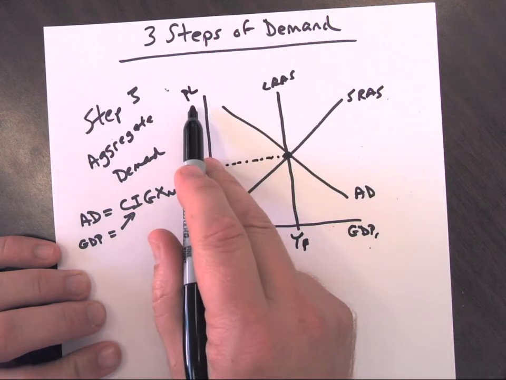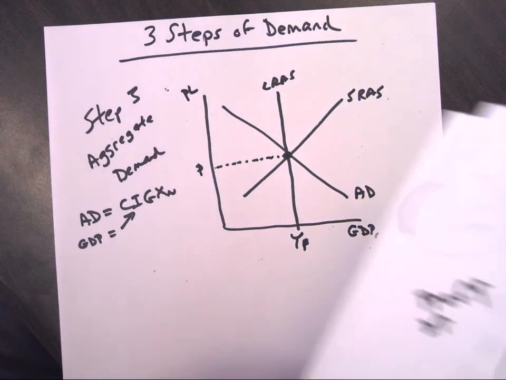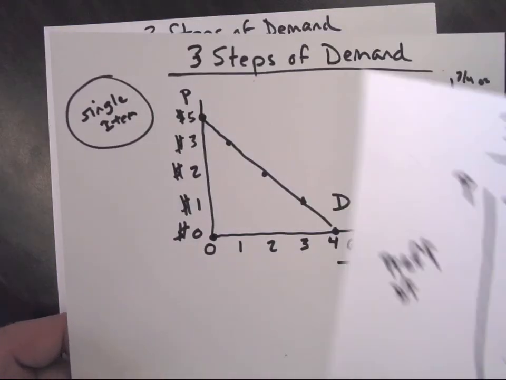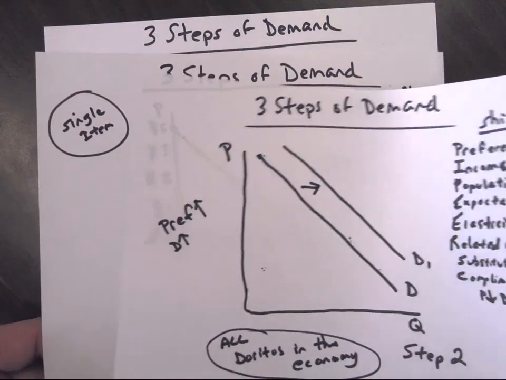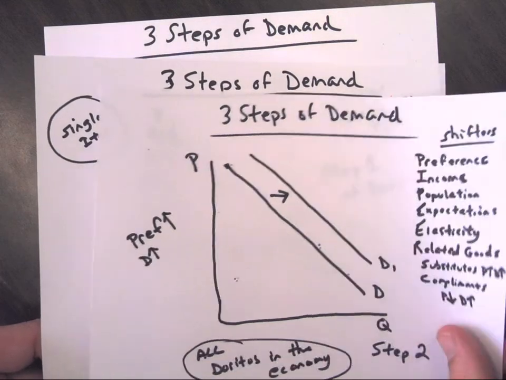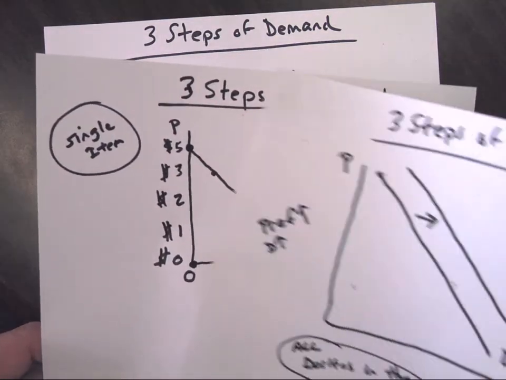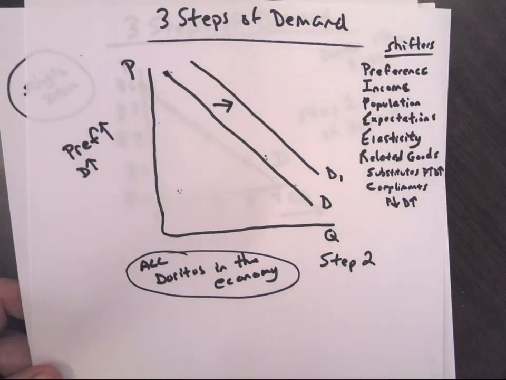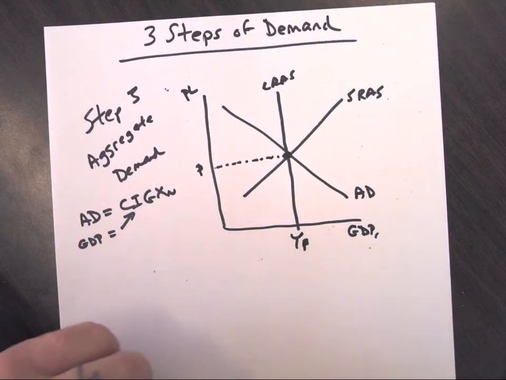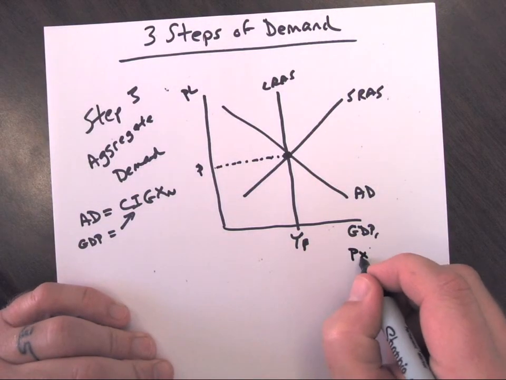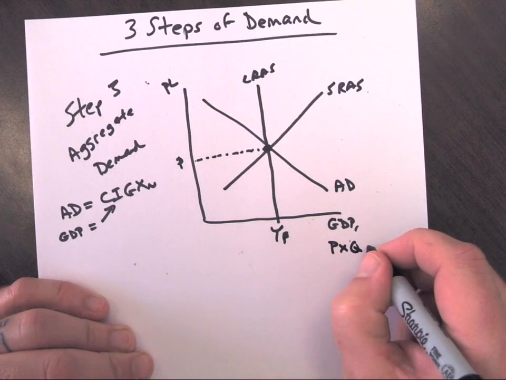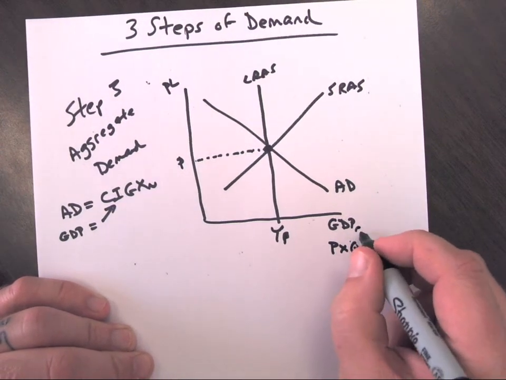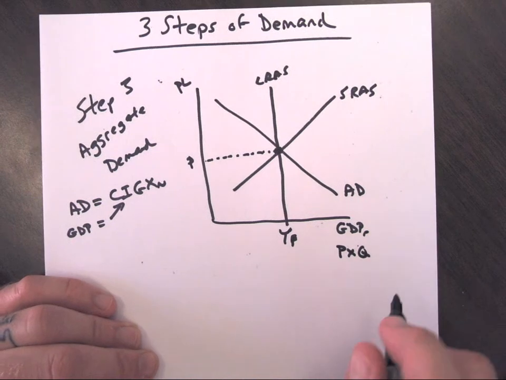We have our price level on the y-axis, just like we had price for a single item on the y-axis, just like we have prices for all the Doritos and the single price, and quantity is going to be the same thing. Remember, GDP is our prices times our quantities, and if we have real GDP, we'll just simply subtract the inflation.